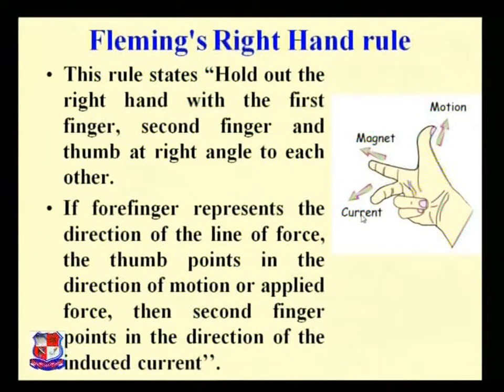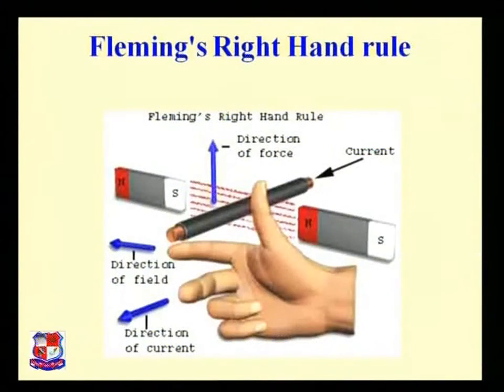Also see the second figure to understand Fleming's right hand rule. As shown in the figure, there is a magnetic field from N to S, so put the first finger in the direction of the magnetic field. Now our conductor is getting force in the upward direction, so put your thumb in the upward direction.